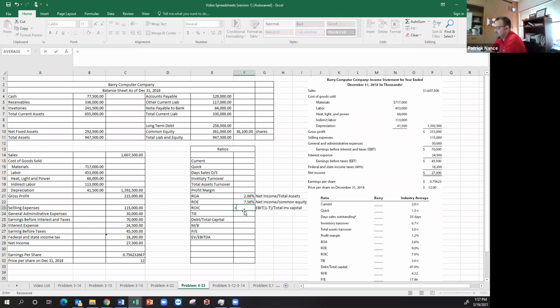So you take 70,000 times 1 minus the tax rate, which is 40%. Do that part first to get 42,000. All that divided by my total invested capital, which should be my common equity.